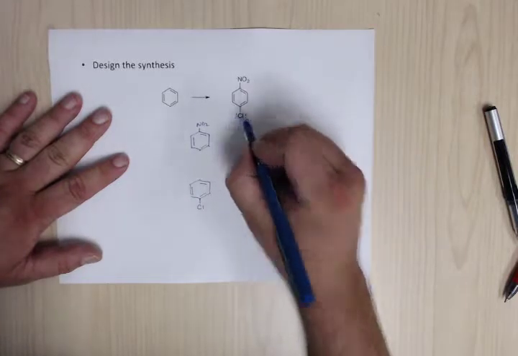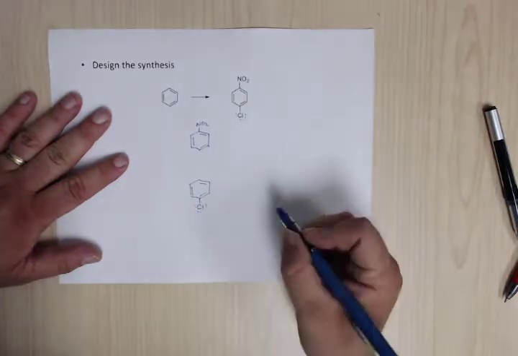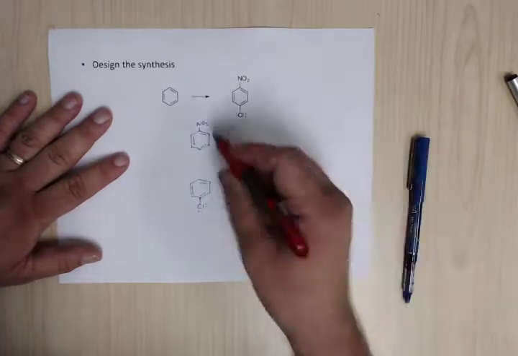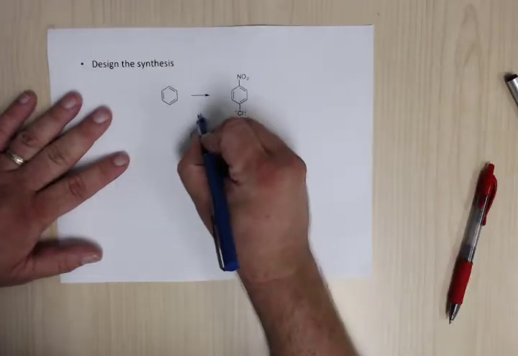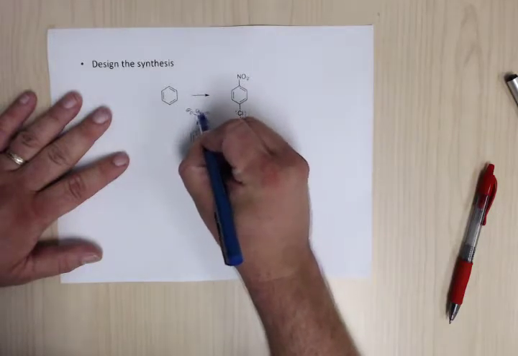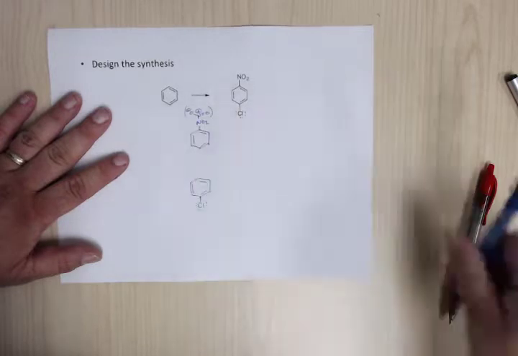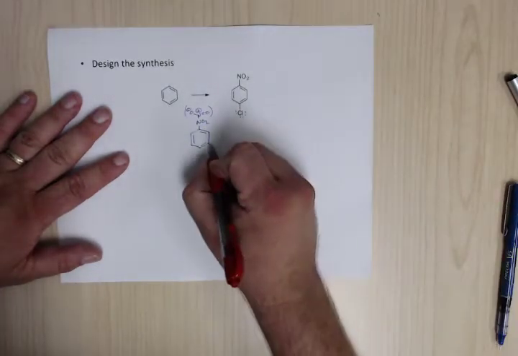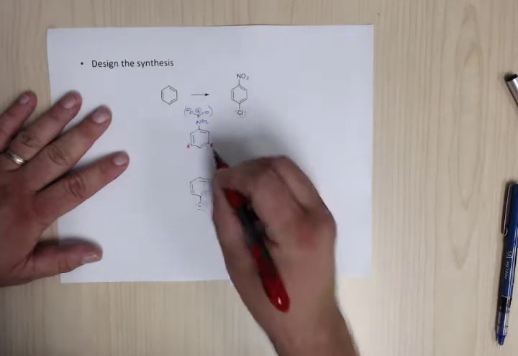So don't forget there's lone pairs here. Okay, so NO2, right? So this looks like that. So you have an N double bond O right next to the ring, right? So that's a meta director, so it's going to put it there.